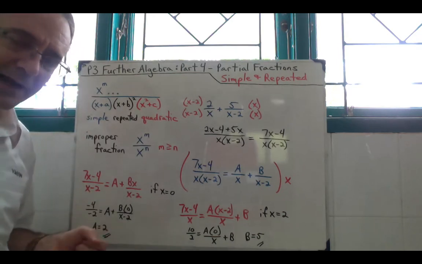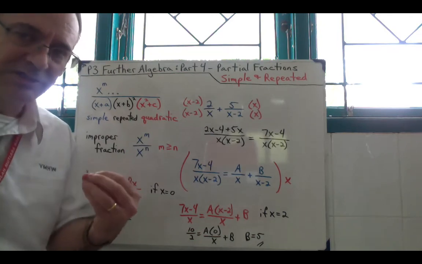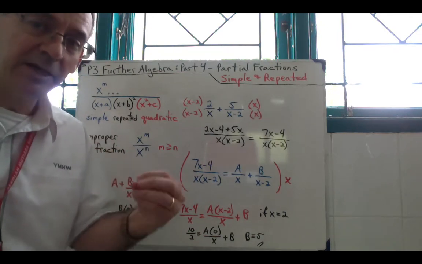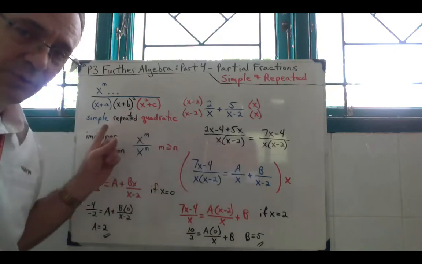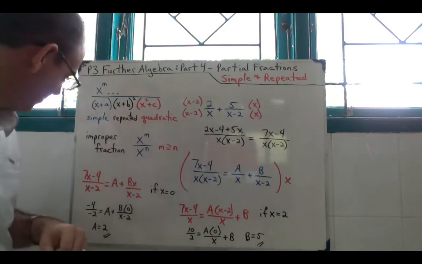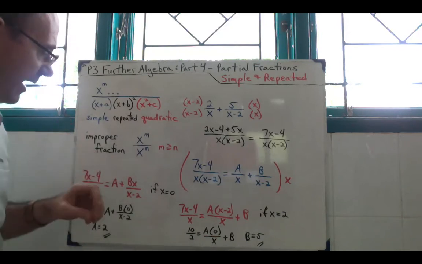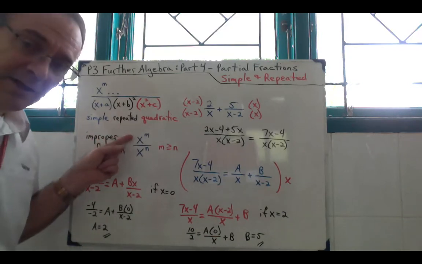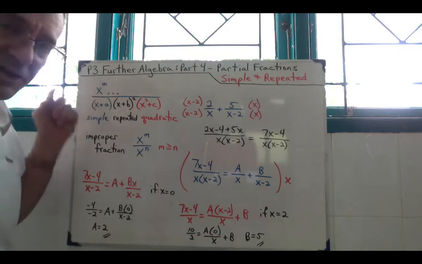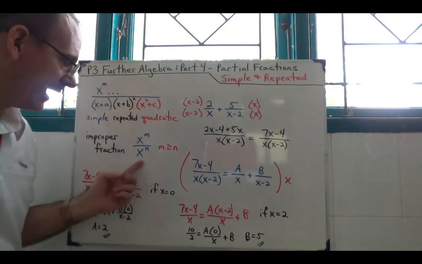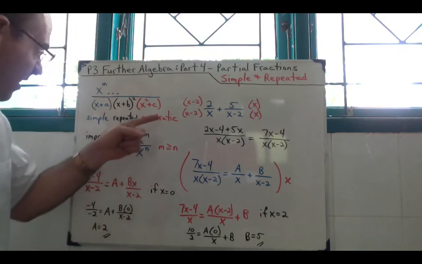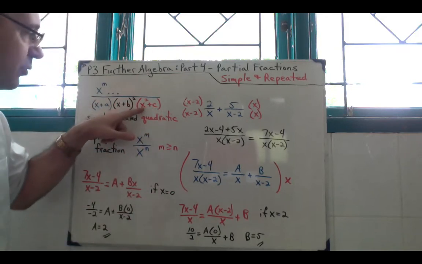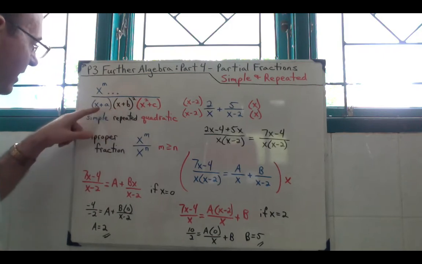The improper fraction is actually going to be the question that you always want to ask first, before you get into deciding which of these other types you have. With an improper fraction, you're going to compare the highest exponent in the top with your combined exponent in the denominator. For example, here's an x squared, an x, and an x.